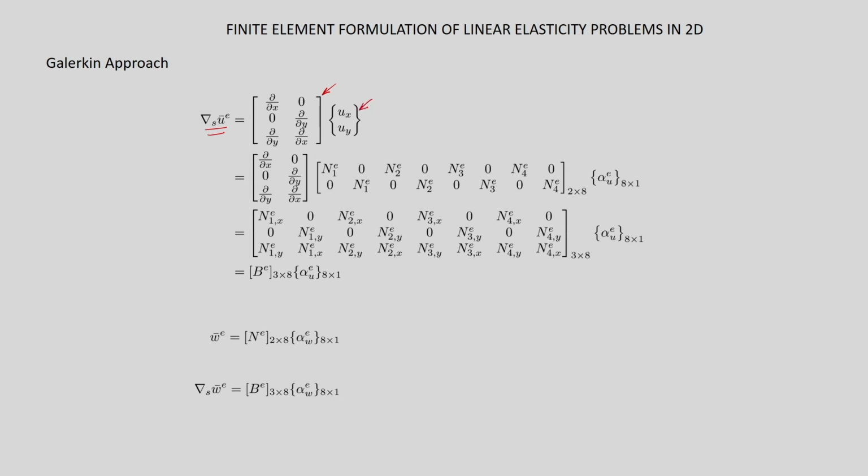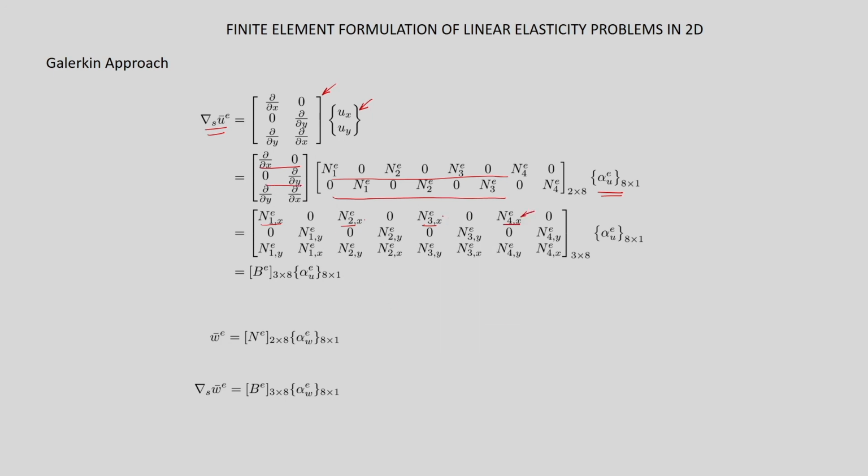Now, ux and uy are substituted as N times alpha. So, now if I multiply this, the first thing is taking care of the derivatives of this shape function. So, it will be n1 comma x, n2 comma x, n3 comma x, n4 comma x. So, it is basically del n1 del x, del n2 del x, del n3 del x and del n4 del x.